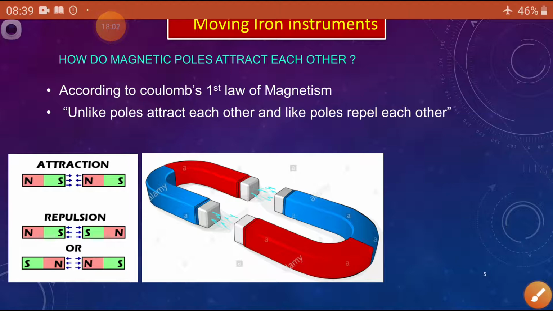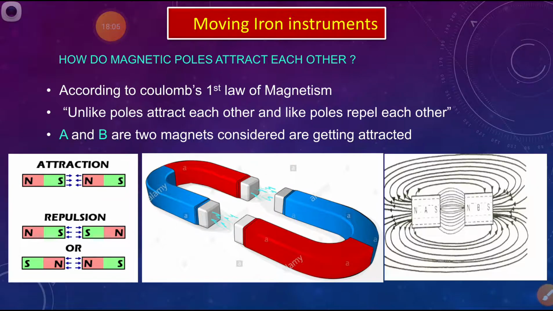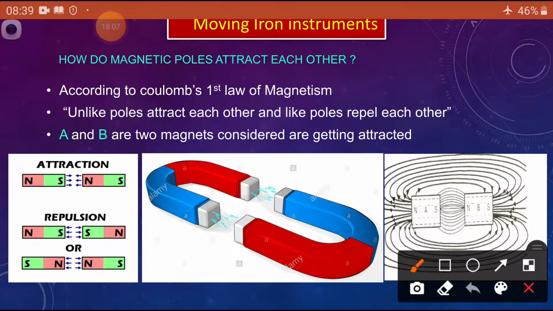Now here an example is given. Here in the book, as you can see, A and B are the two magnets considered, getting attracted, because magnet A and magnet B are of opposite polarity. Then there are magnetic lines of force here, at the same time magnetic lines of force going here. So that means here is the north pole, this is the south pole, so lines of force flow in this direction.